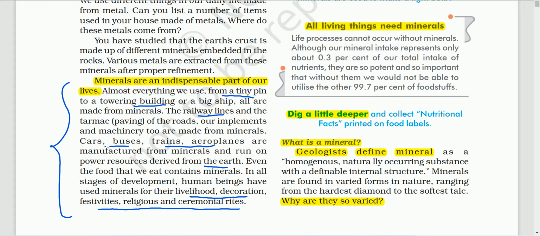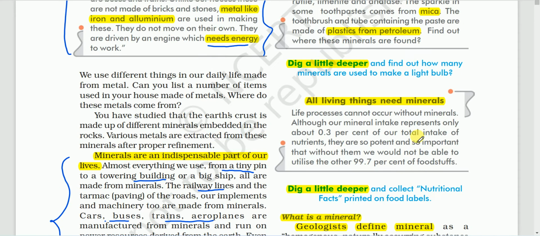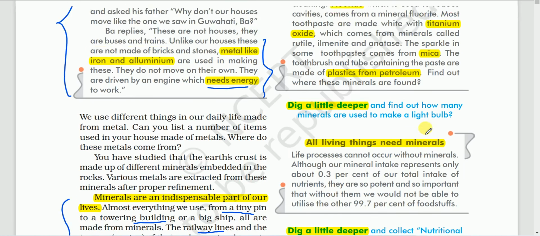Maybe in construction of our houses, or in the transportation of goods and moving of human beings. Ourselves also require these minerals and energy resources. So you have to read this paragraph very carefully, because it explains the importance of minerals in our daily life.